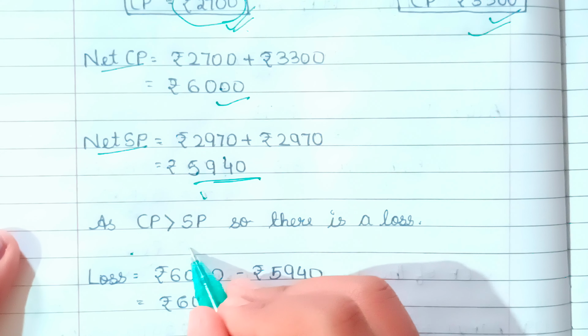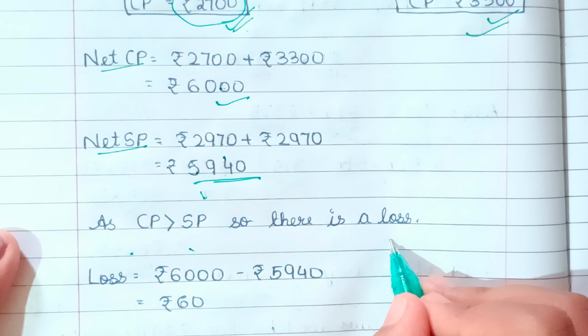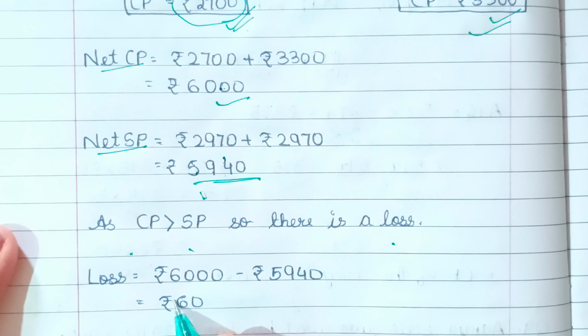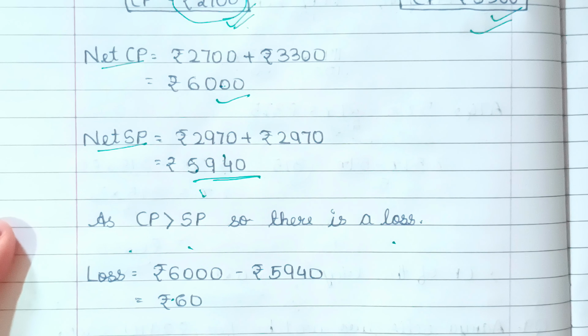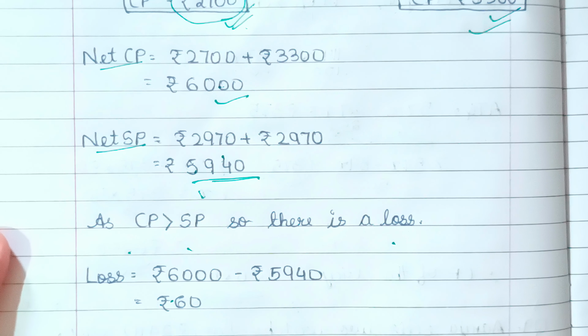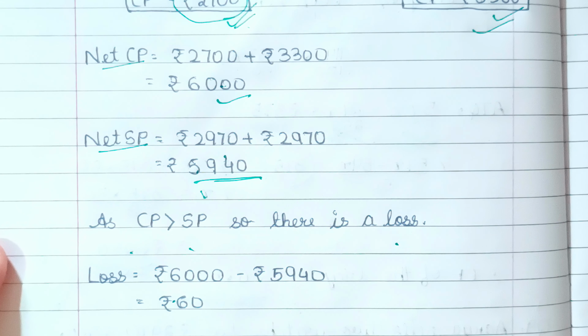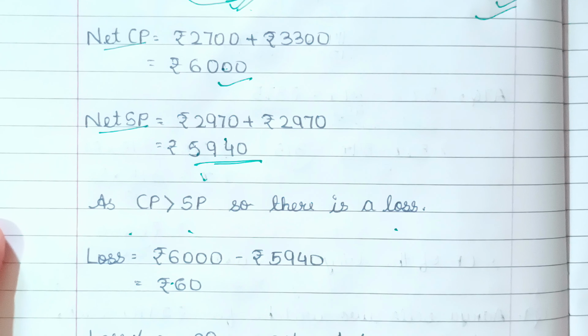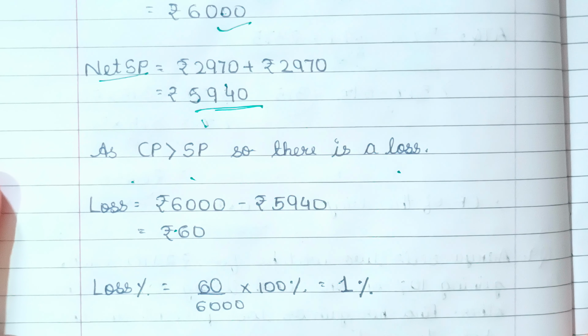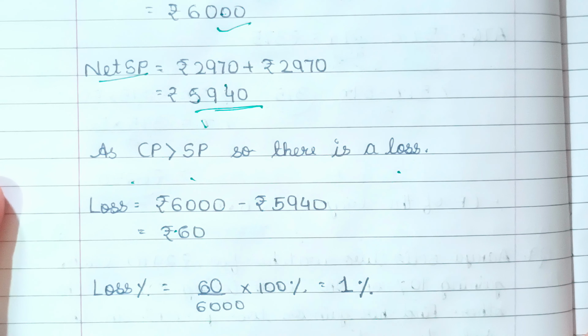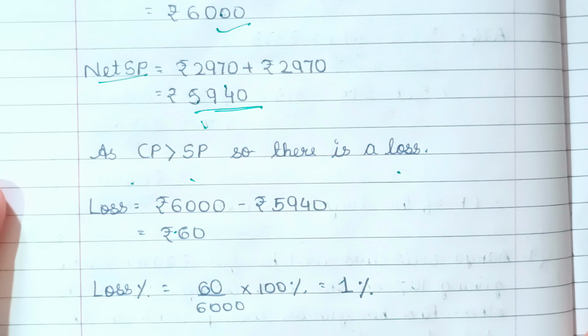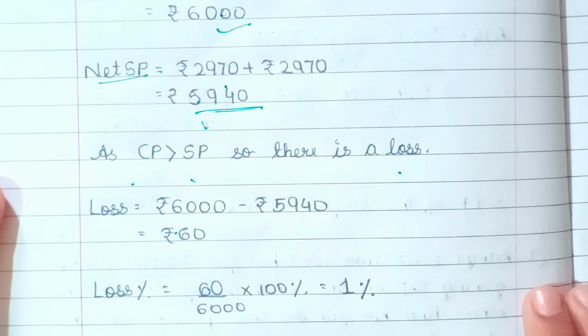As CP is greater than SP, there is a loss. The loss is rupees 6,000 minus 5,940, and here we get 60 rupees of loss. And we find the loss percent as 60 by 6,000 into 100%, and that results in 1% loss.